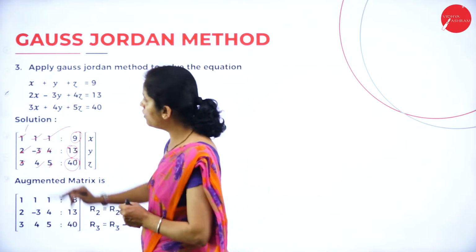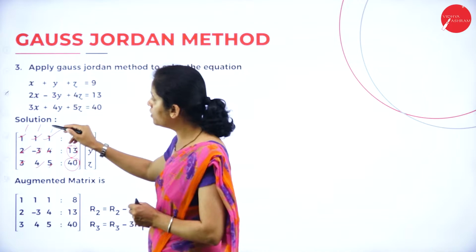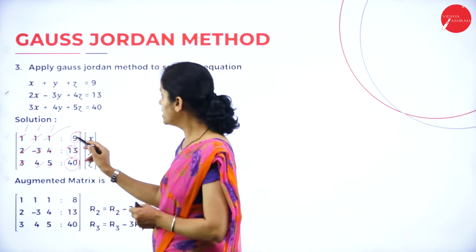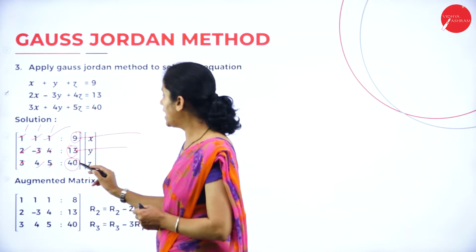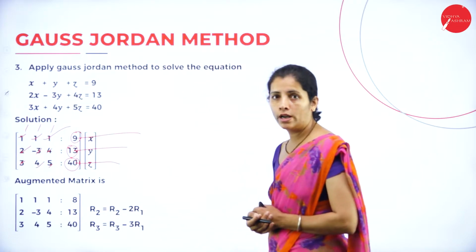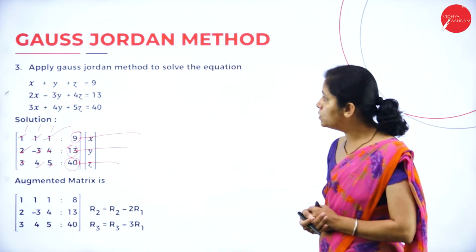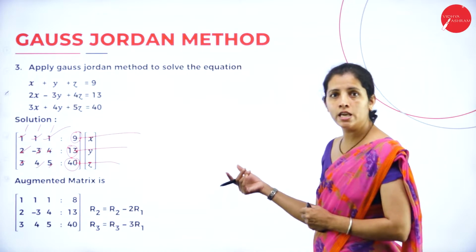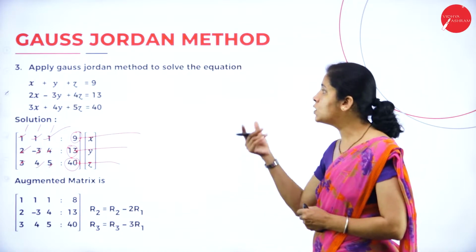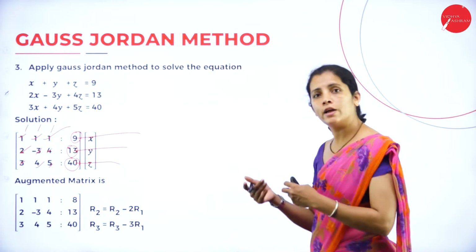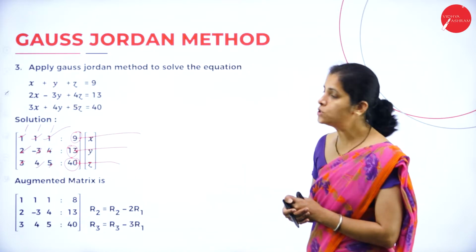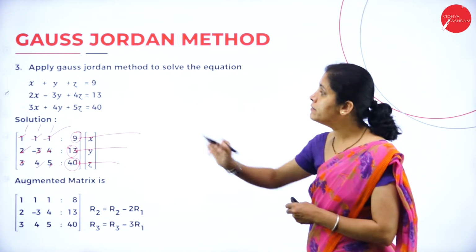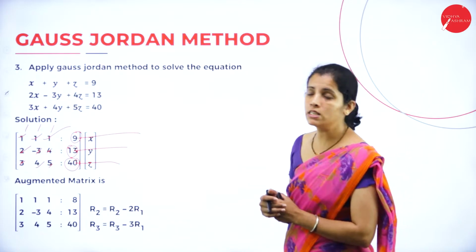Now this is my column 1, column 2 and column 3. This is my row 1, row 2 and row 3. Now I want to solve this linear equation by using the Gauss-Jordan method, and I want to find the approximate solutions for the given variables x, y and z.